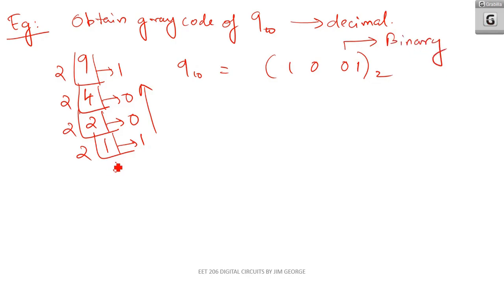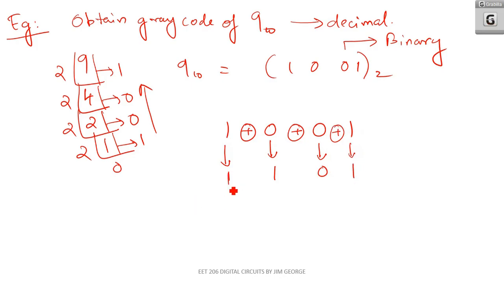Now, how to generate gray code from this binary representation? So binary representation I am writing as 1, 0, 0, 1. 1 you write directly. Next one, 1 XOR 0 is 1. 0 XOR 0 is 0. Next one is 0 XOR 1, which is 1.